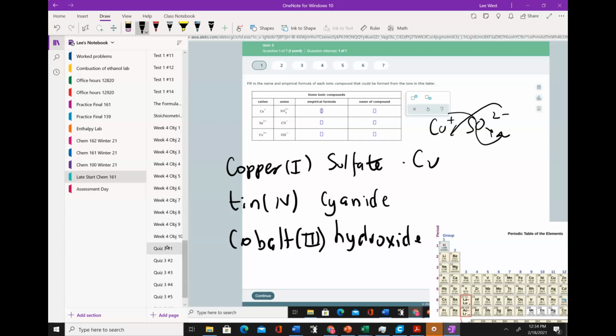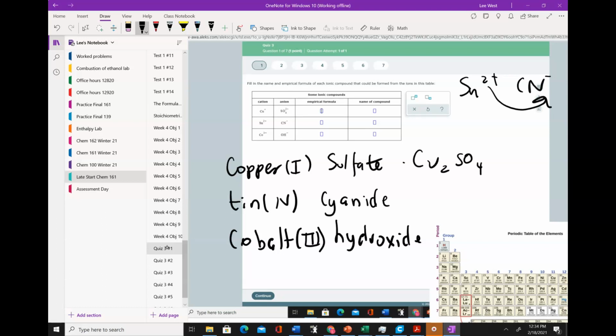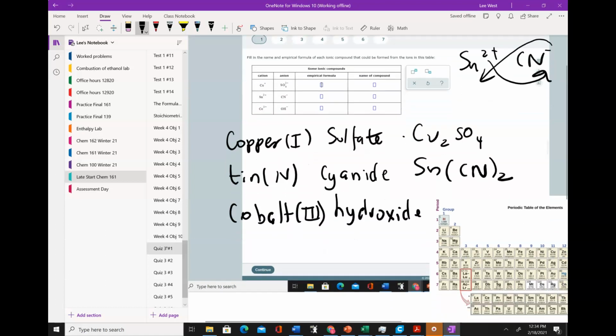So it's going to be Cu2SO4. You can see there when I have one of the polyatomic ion, I don't put it in parentheses. Okay, so now we're Sn2+ with CN-, and I'm going to need 2 cyanides and just the 1 tin. So Sn parentheses and then my 2 cyanides.